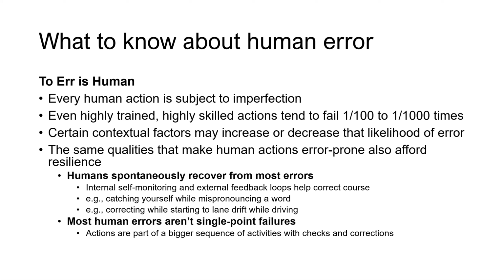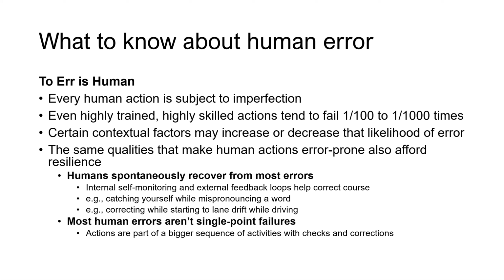Certain contextual factors may increase or decrease that likelihood. What's important also is the same qualities that make human actions error-prone also afford resilience. So humans spontaneously recover from most errors. Internal self-monitoring and our external feedback loops can help correct the course.